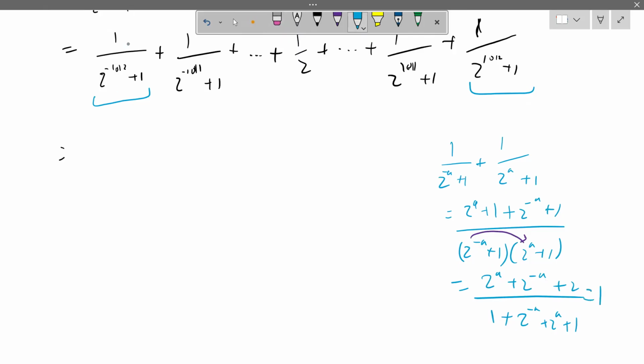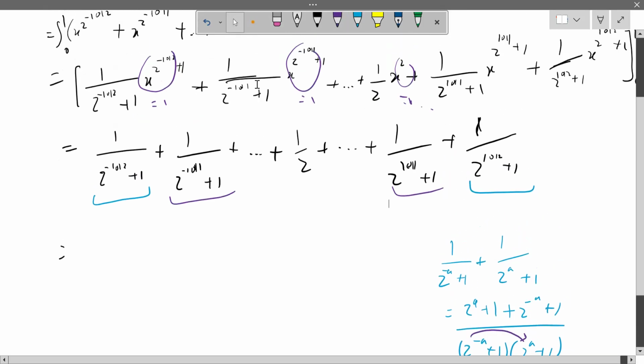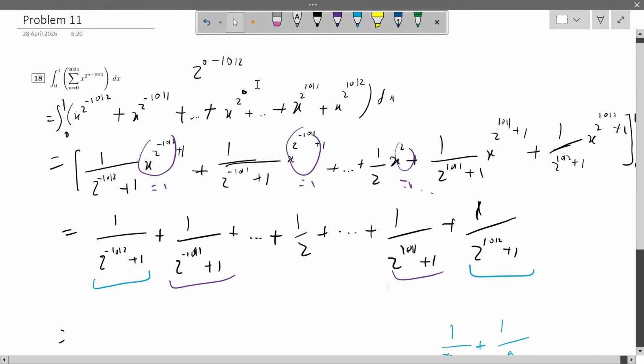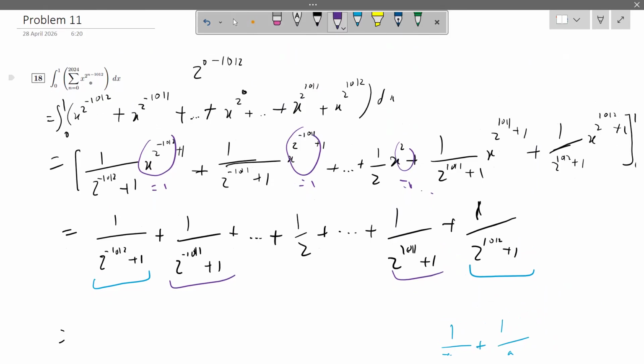What that means is, let's take a look at how many pairs there are. So this is one pair, and then this is the second pair. Here you have 2 to the power of negative 1012, 2 to the power of negative 1011, all the way to 2 to the power of negative 1 as the power of x.